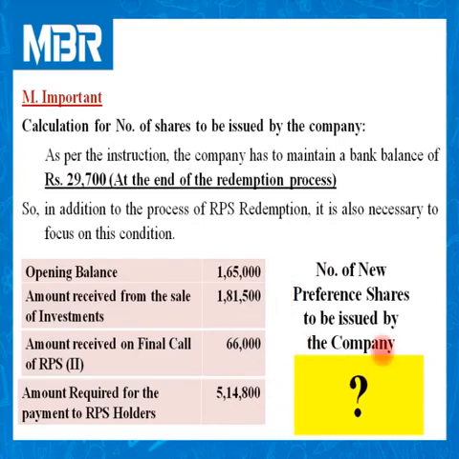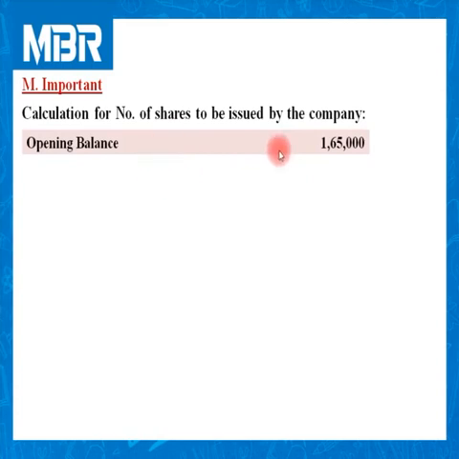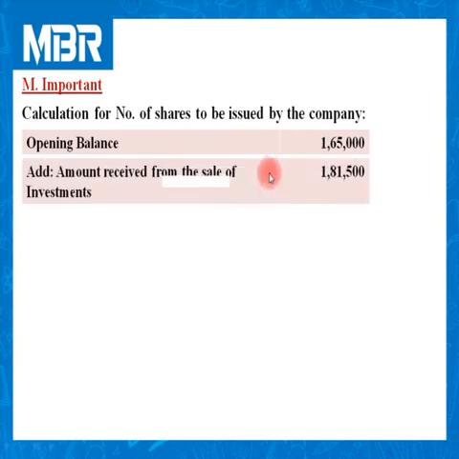In order to pay 5,14,800 after retaining a balance of rupees 29,700, we need to prepare a systematic table showing calculation of all receipts and payments. Opening balance 1,65,000, given on the asset side of the balance sheet.